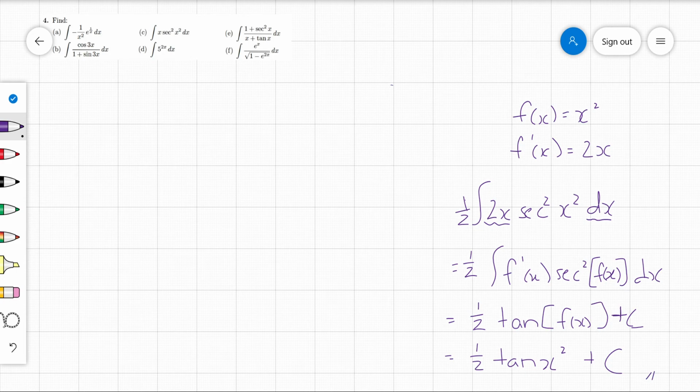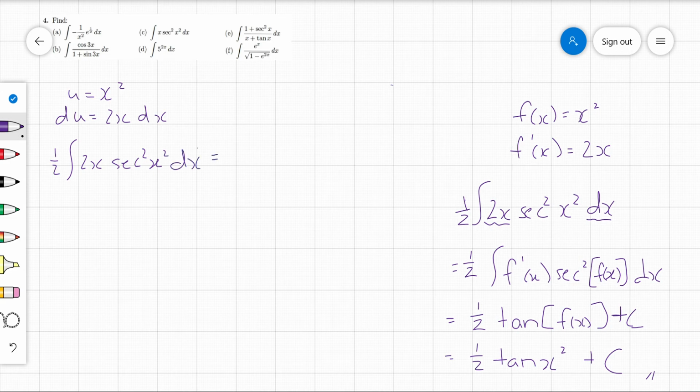I'll just do it once more using u's. So sorry, this is question C. So if I made u equal x squared, then du dx is 2x, or du equals 2x dx. I can see that if I rewrite this equation as a half, I put my 2x there, sec squared x squared dx.